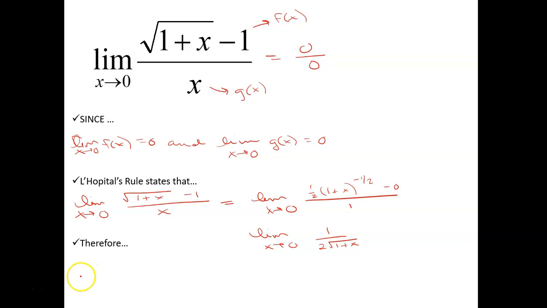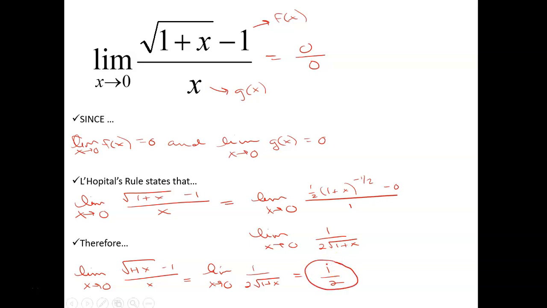Therefore, the limit as x approaches 0 of this is equal to the limit as x approaches 0 of this, and that equals 1/2.